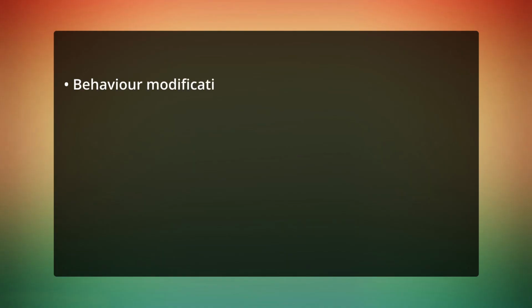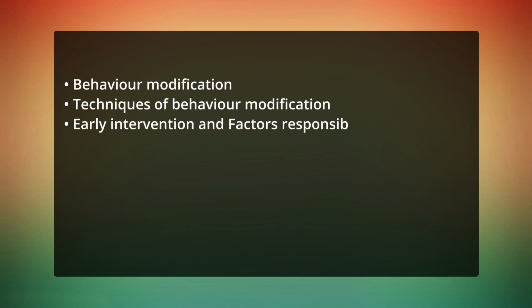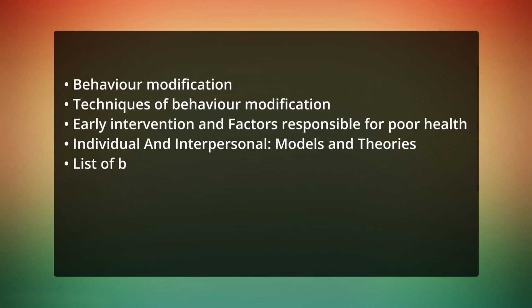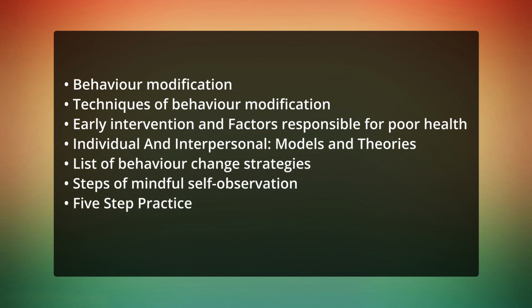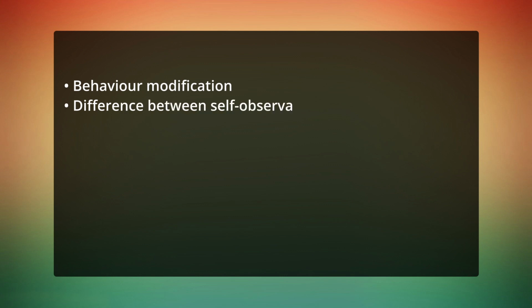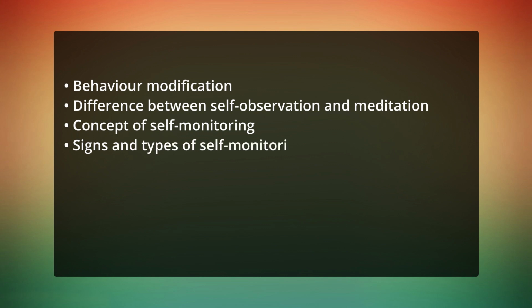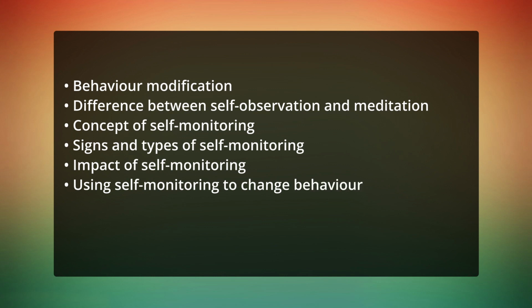My topic will be covering 12 major objectives which will improve your understanding of behavior modification, techniques of behavior modification, early intervention and factors responsible for poor health, individual and interpersonal models and theories, list of behavior change strategies, steps of mindful self-observation, 5-step practice for self-observation, difference between self-observation and meditation, concept of self-monitoring, signs and types of self-monitoring, impact of self-monitoring, using self-monitoring to change behavior.